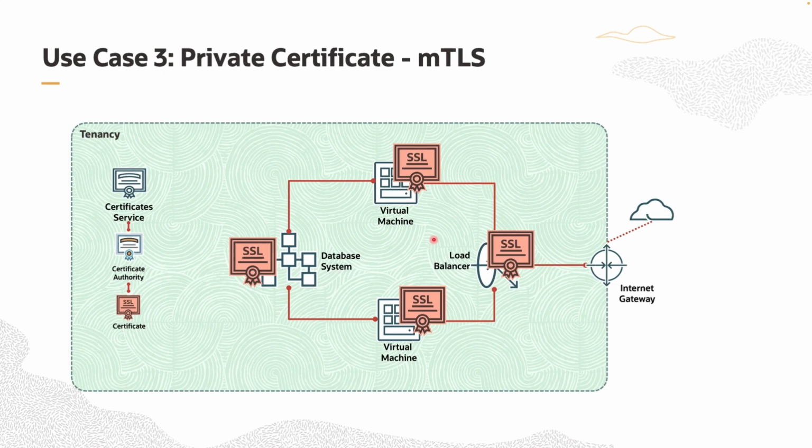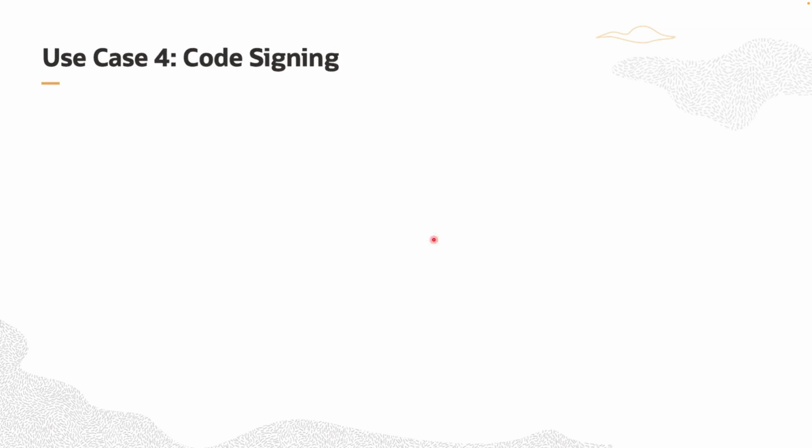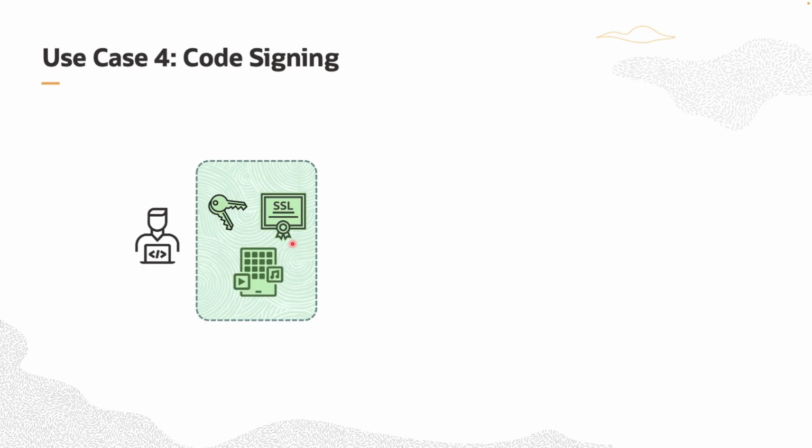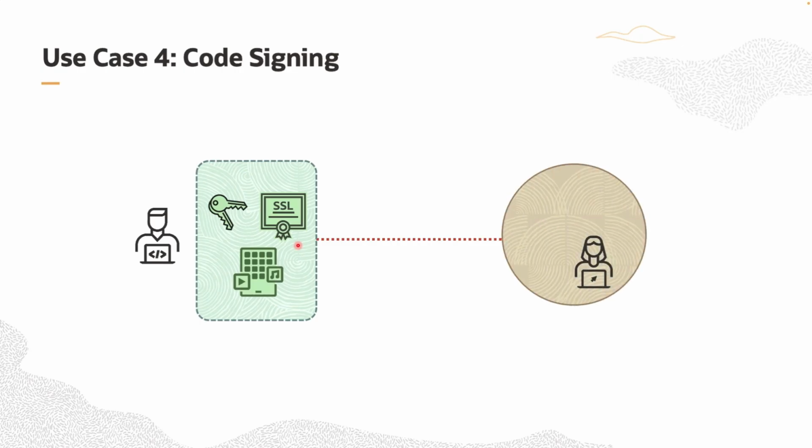Our fourth use case is code signing. The application developer can sign the application bundle with his own set of keys and generate timestamp and hash values. The same set of keys will be used to generate the certificate. The application along with the certificate and hash values will be shared with the client.